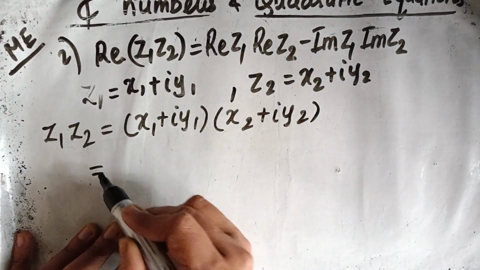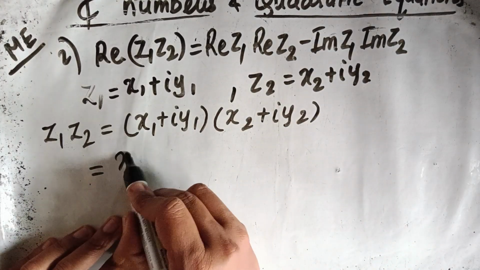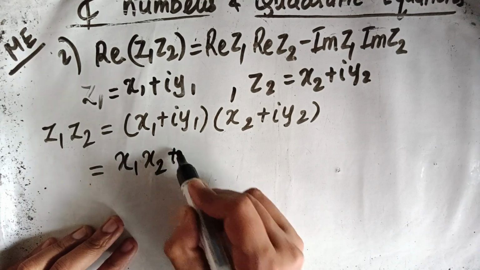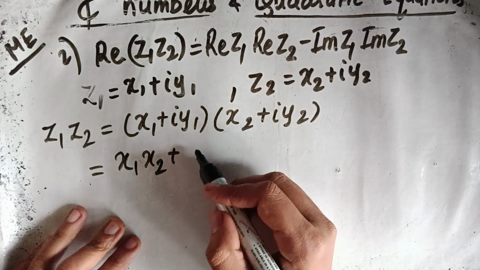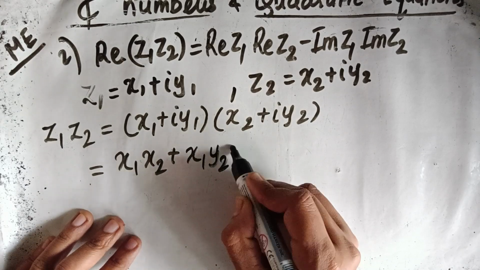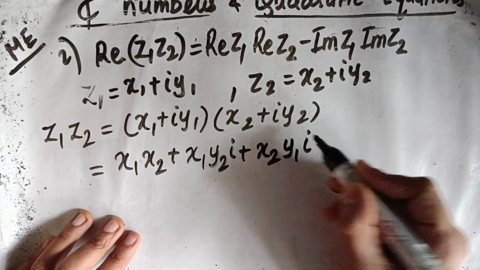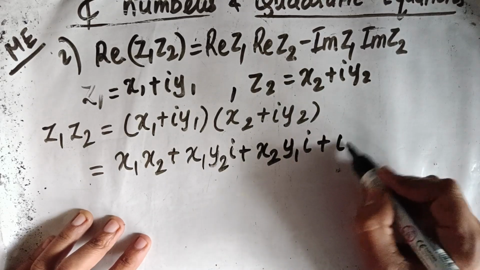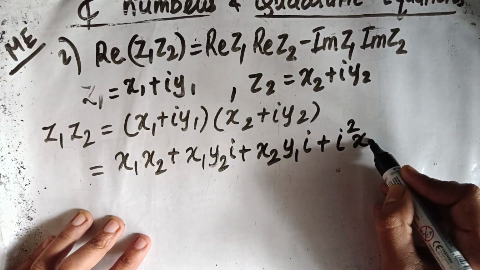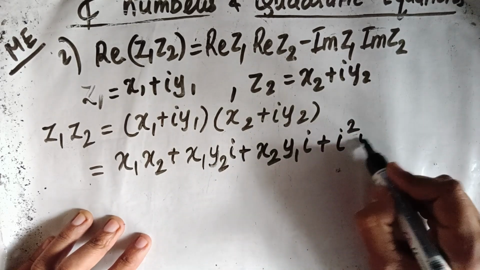Okay. Multiplying, you will get x1 into x2 plus x1 y2 I plus x2 y1 I plus I square x1 y1 y2.